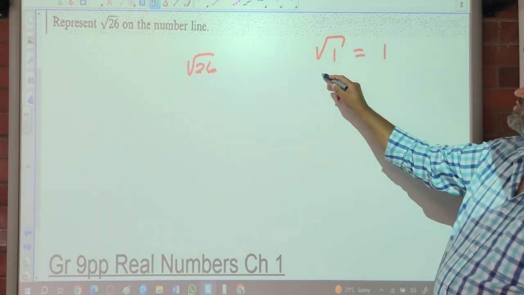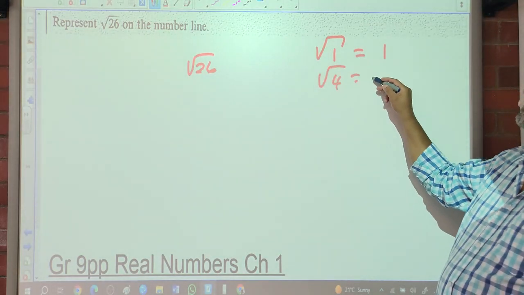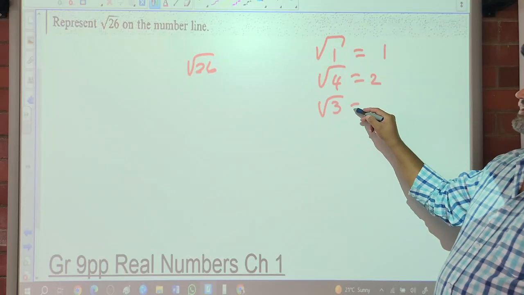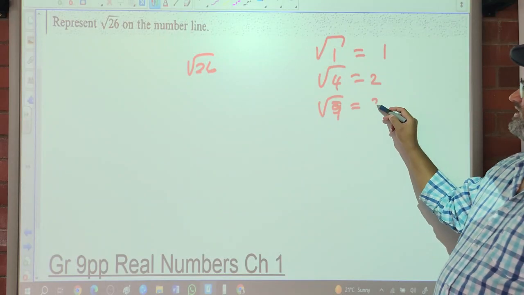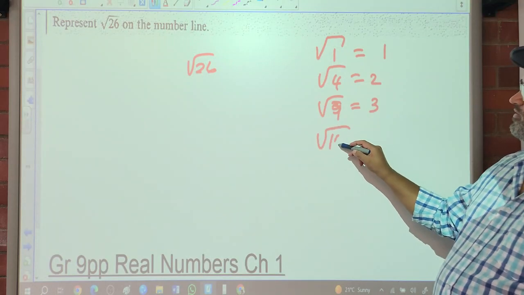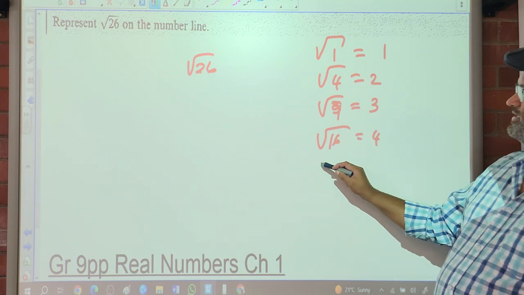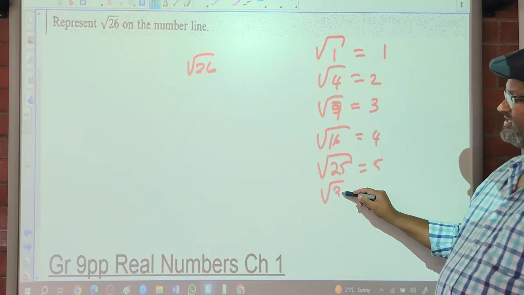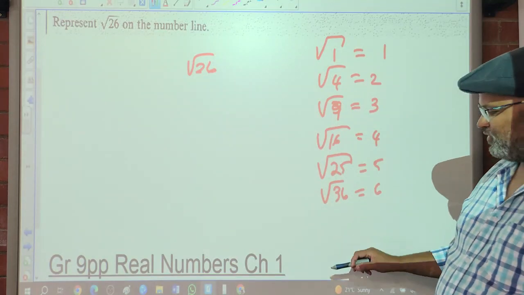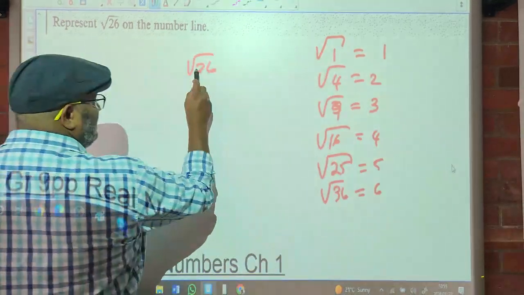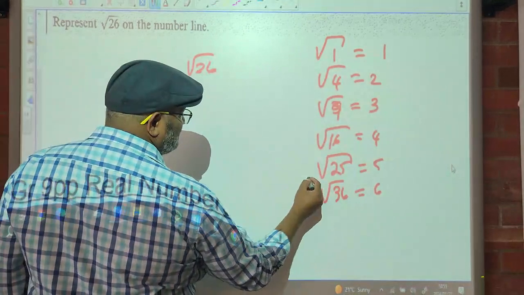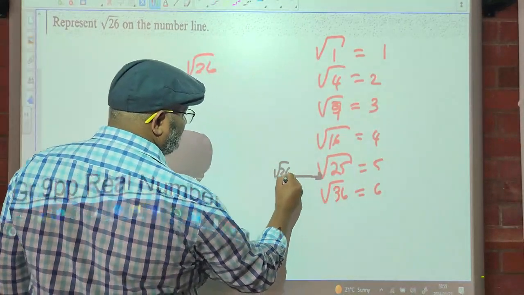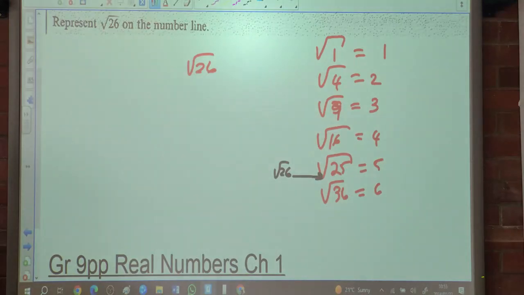The square root of 1 is 1, the square root of 4 is 2, the square root of 9 is 3, the square root of 16 is 4, the square root of 25 is 5, the square root of 36 is 6. What do you notice? That the square root of 26 is lying between those two numbers.